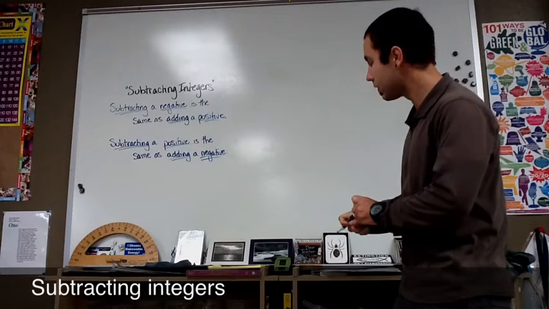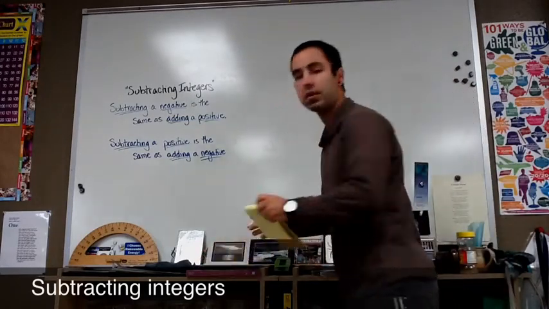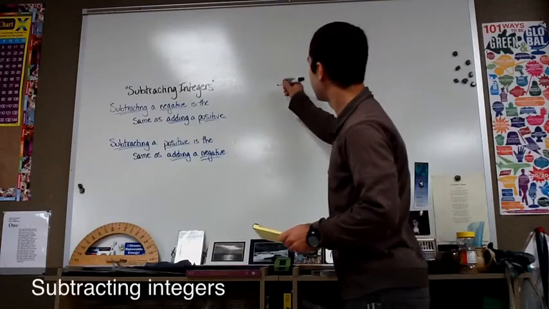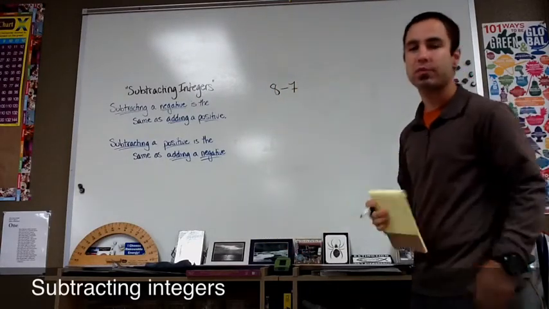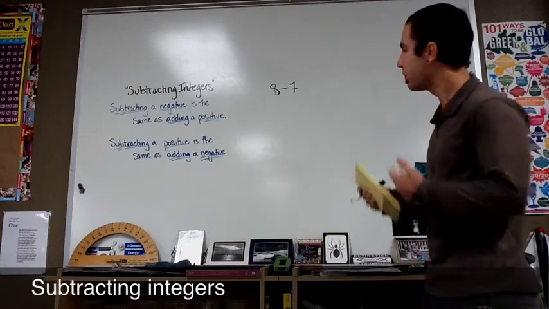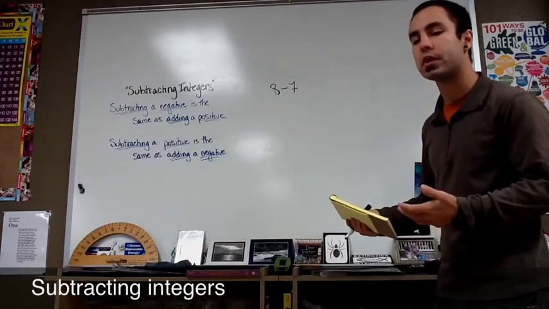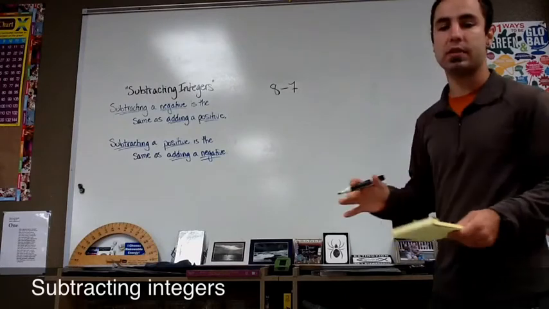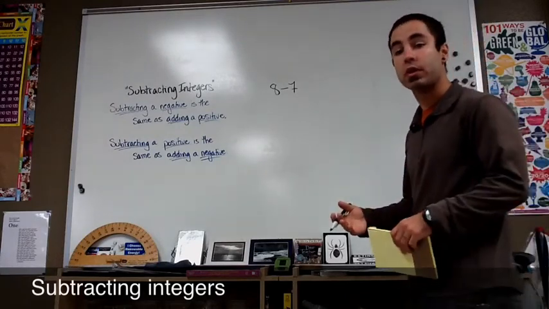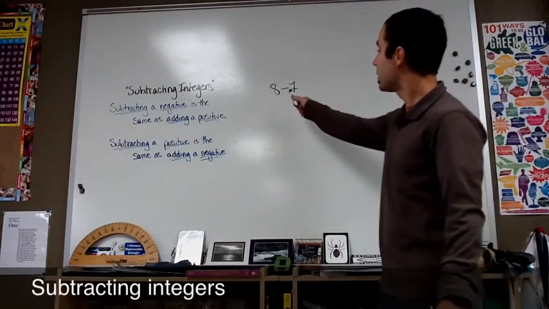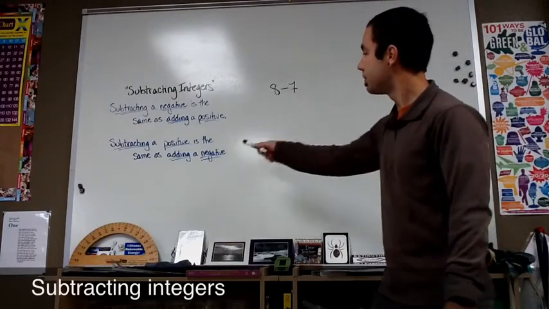So the first one we're going to look at is if we were subtracting a positive. So we have 8 minus 7. We all know this. We know it's 1. We've done this since we were probably in about 1st or 2nd grade. But let's take a look at the statement just to see how it relates back to adding integers, which is what we've already covered in this class. So here I have subtracting a positive.